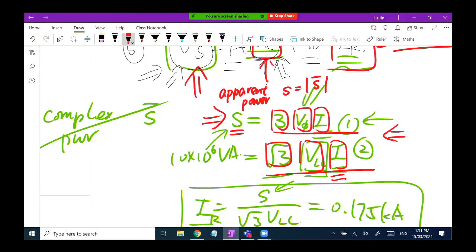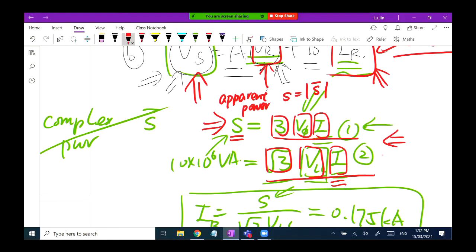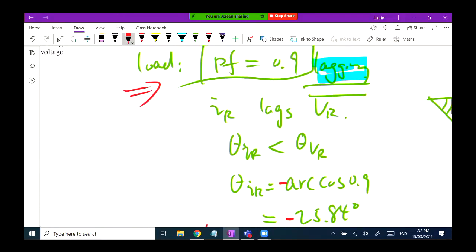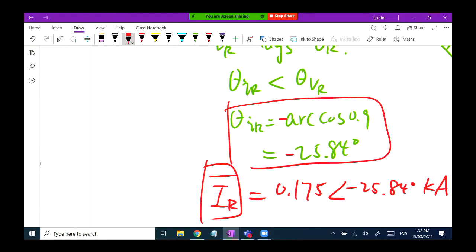From this equation, you can derive only the magnitude of the current I. But in the ABCD model, this current must be a vector having both magnitude and angle. So you have to keep calculating the angle of the current. Is that okay? Okay, good.